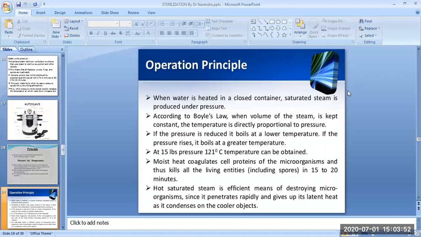Operation. When water is heated in a closed container, saturated steam is produced under pressure. According to Boyle's law, the volume of the steam is inversely proportional to the pressure. If the pressure is reduced, it boils at a lower temperature. If the pressure rises, it boils at a greater temperature.